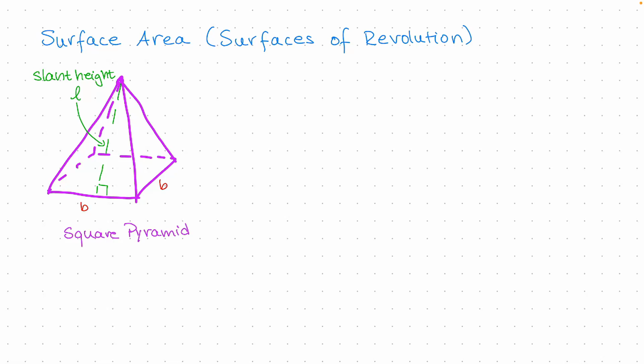So the lateral area, which for the rest of this I'm just going to abbreviate as LA, is just 4 times the area of each one of those triangles, which is 1/2 the base times the slant height.